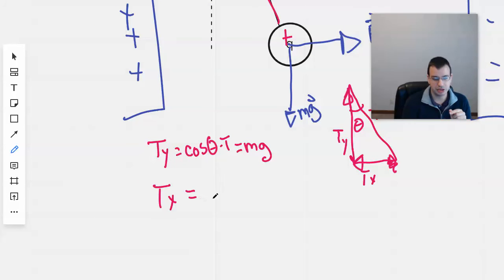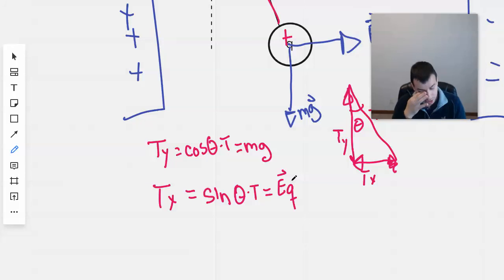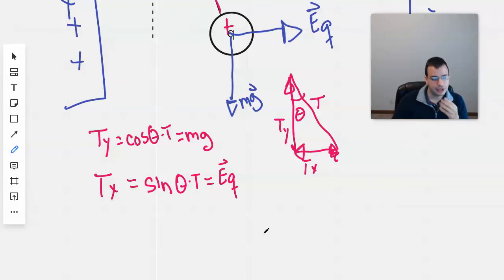Tension in the x direction equals sine of theta, which is 10 degrees, times tension equals, and this time we're going to have electric field times Q, where the only thing we don't know here is the electric field. Okay?